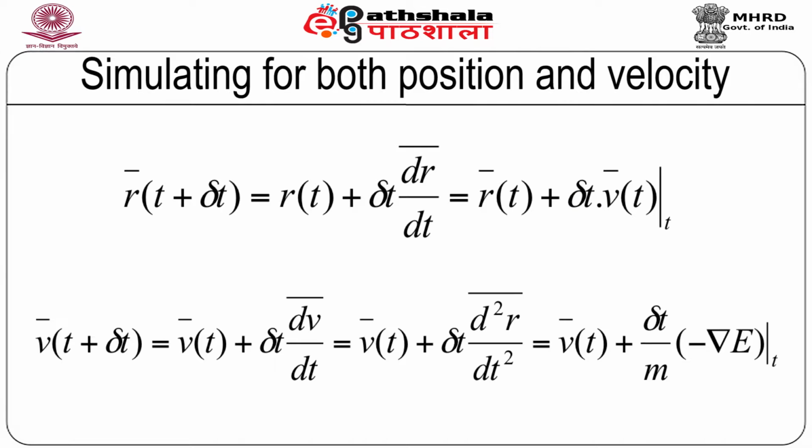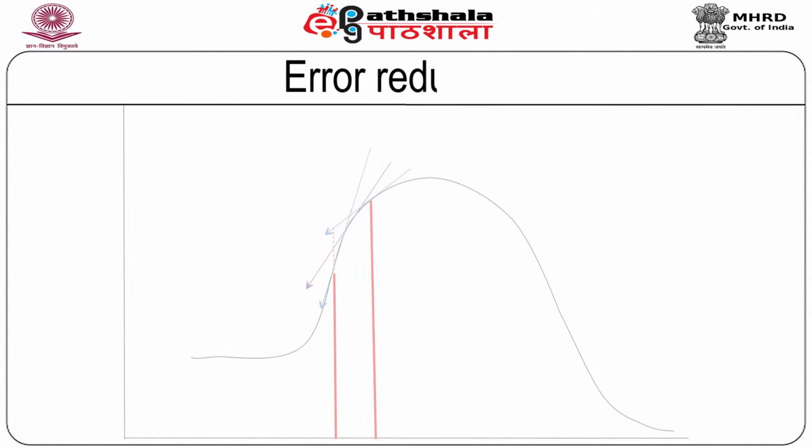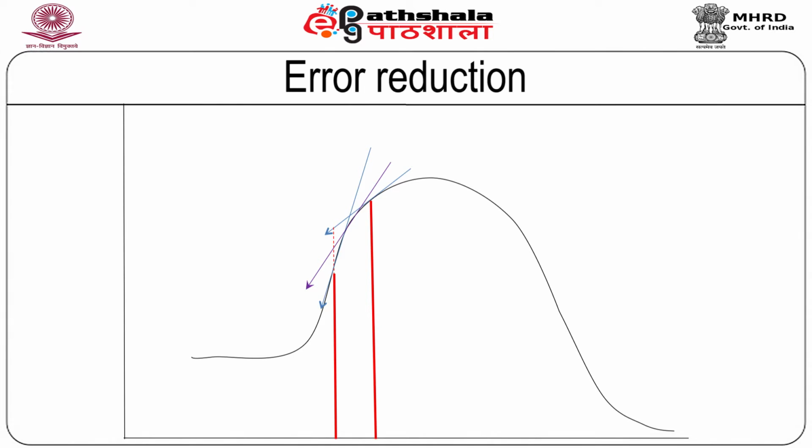So what will happen if we do not have linearity? The problem appears in this nonlinear region. If we know the value of x or position and velocity, and we want to predict the position and velocity at a later time using this energy gradient, our prediction will be this.